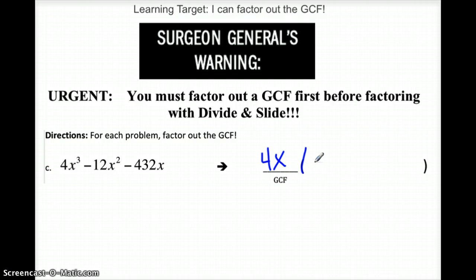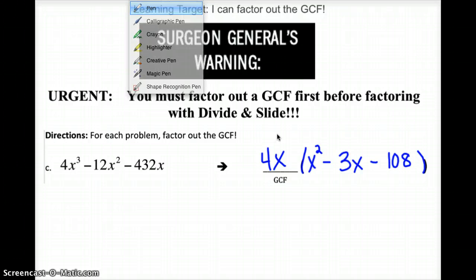Well, the 4 would go away in the first term, but he'd still have 2 X's, so X squared. When I divide that 12 by a 4, he'd have a 3 and just an X left. And then 432 divided by 4, I think that's 108. And he has no more X's.